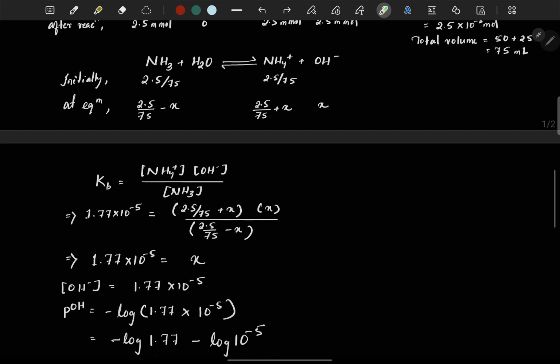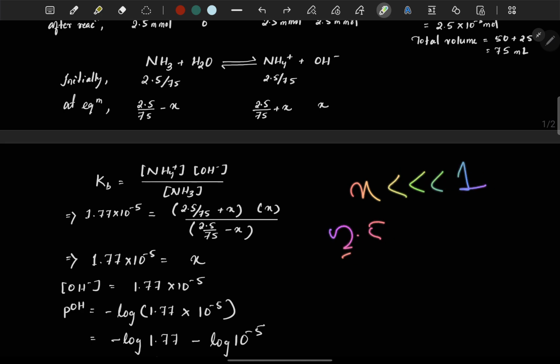Now we have the Kb expression. Kb is equal to the concentration of ammonium ion into the concentration of OH minus ion divided by the concentration of ammonia. The Kb value does not change by varying the concentration, so it will remain constant, that is 1.77 into 10 to the minus 5. Again, putting the values of these concentration terms, we get this equation. Again, we all know the value of X is very small.